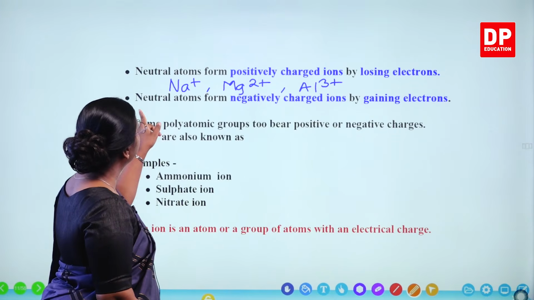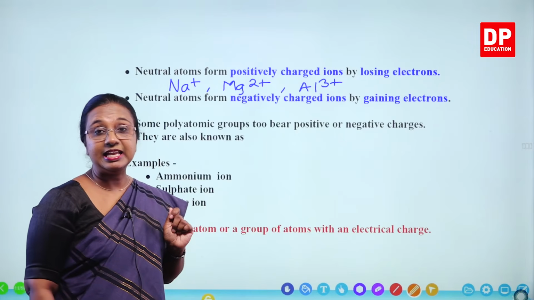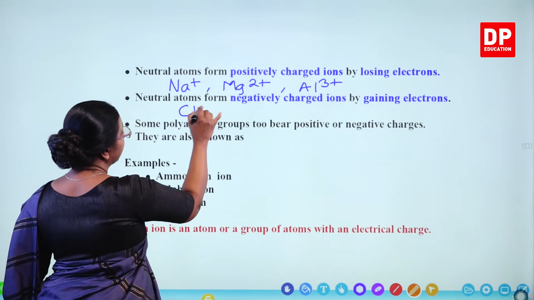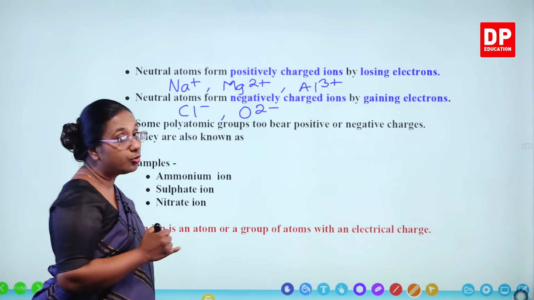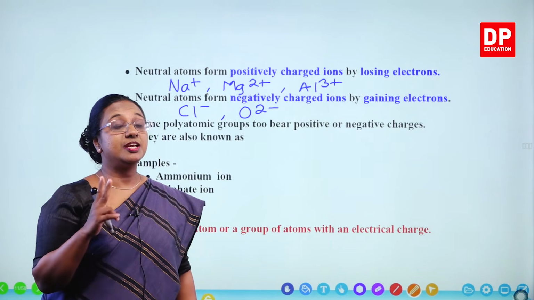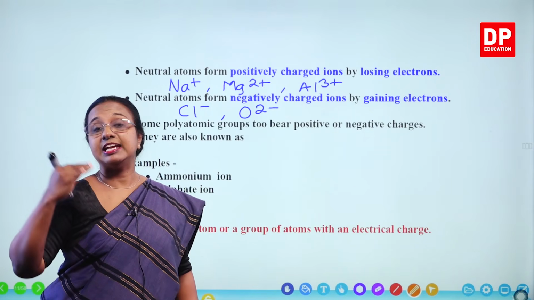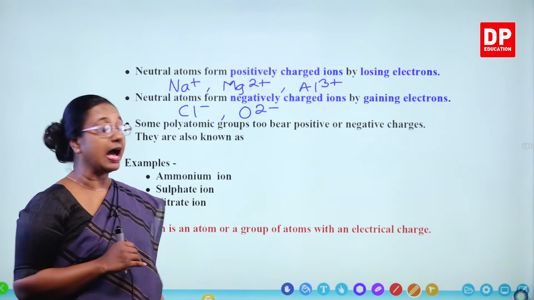The same way, neutral atoms form negatively charged ions by gaining electrons. So there we can consider chloride ion. The same way we can take oxygen O2 minus. You remember oxygen belongs to group 6. So the valency is 2. It can take up 2 electrons and form O2 minus ion.